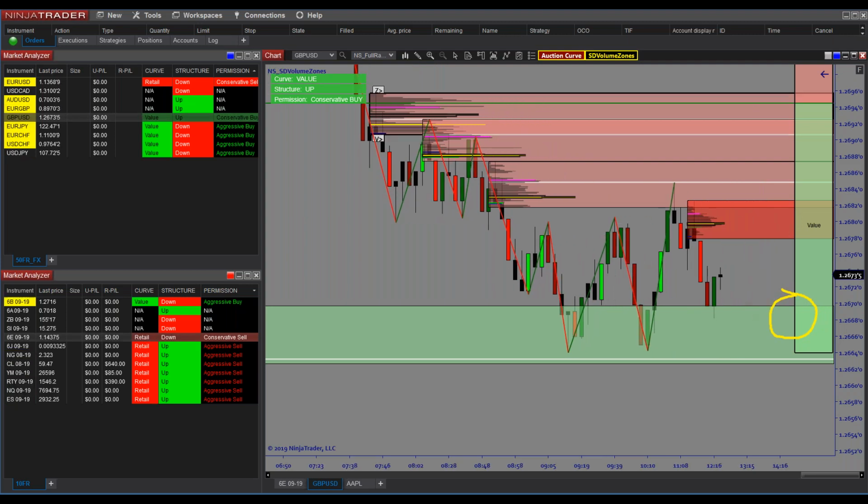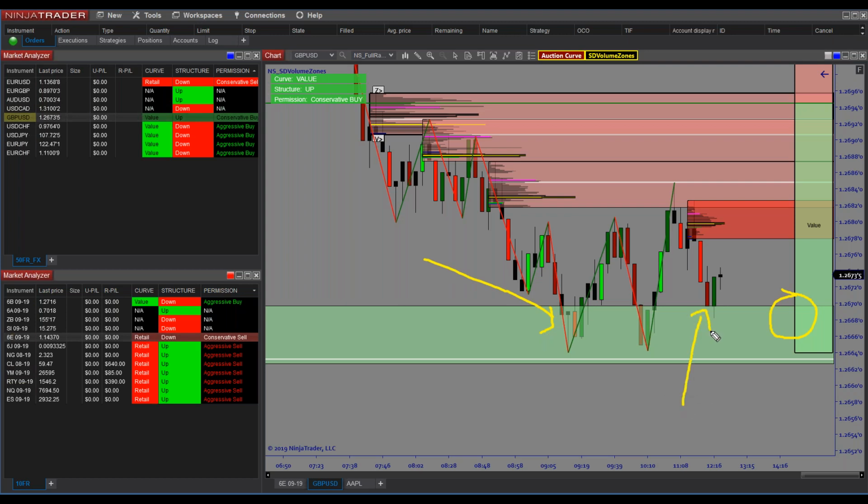You see that? The difference between the buyers here and the buyers there is you're waiting for proof. You're waiting for proof. It doesn't matter if you're using a supply and demand zone indicator or a Fibonacci indicator, it really doesn't matter.